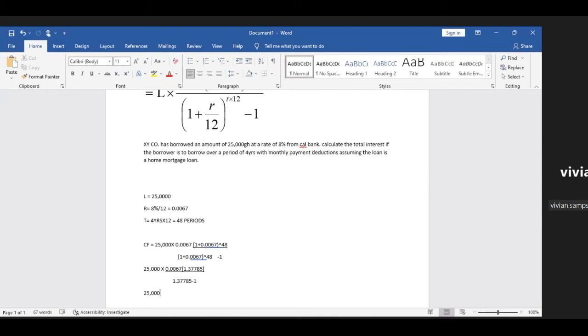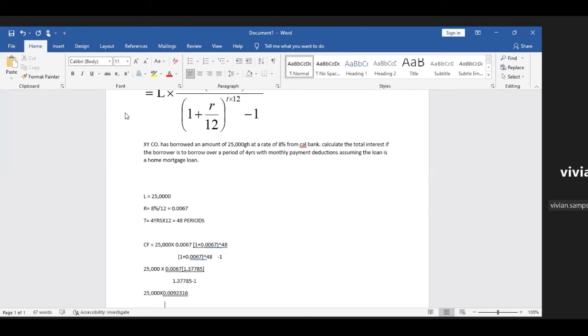Please check if my figures are right. 0.00922316. Is it correct? Then divide by. So when you subtract 1 from that, we are going to get 0.00377885.